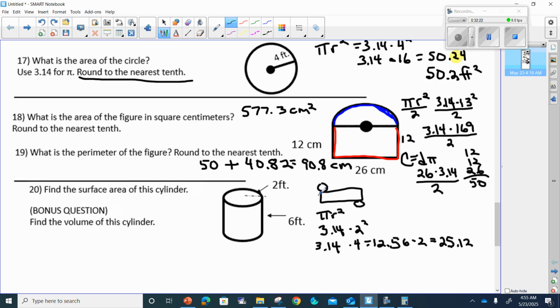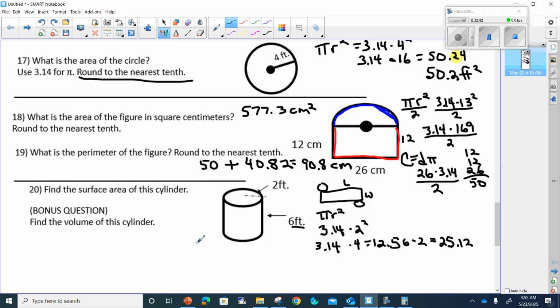Now we found the area of the circles, we need to find the area of the rectangle. The rectangle is simply length times width. The width is given to us, 6. But now we have to find the length. The length wraps around the circle.